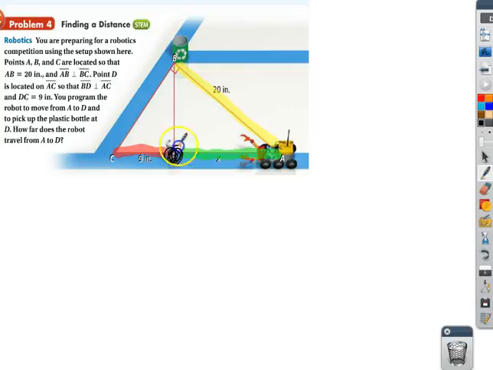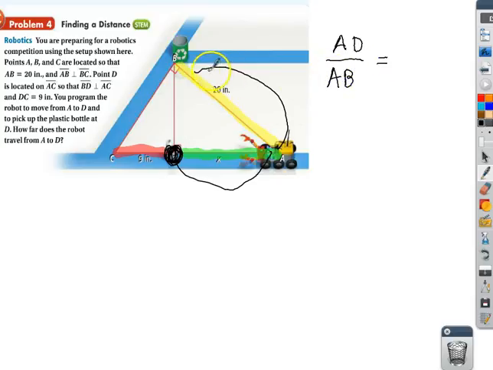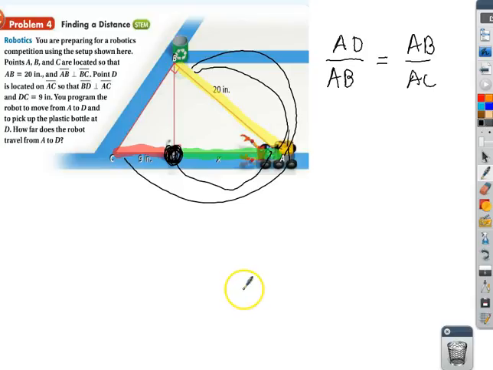So boomerang is going to start right here, and I'm going to go there, and so my proportion is going to look like this. AD over AB equals AB over AC. Everybody agree with that? Is that easy to see? Now here's the hard part.